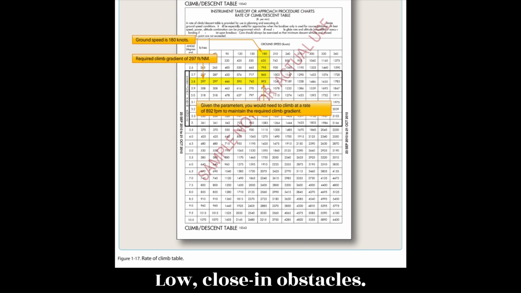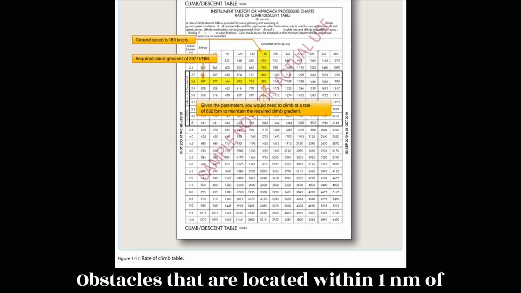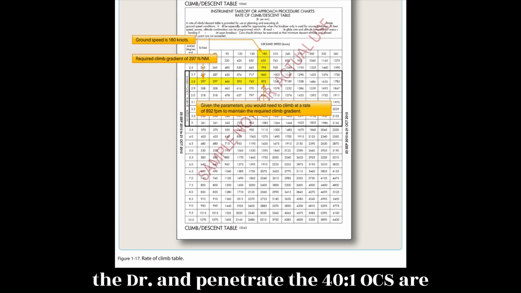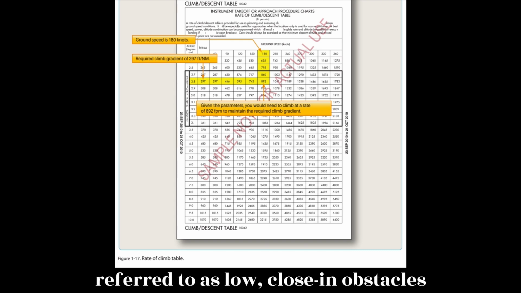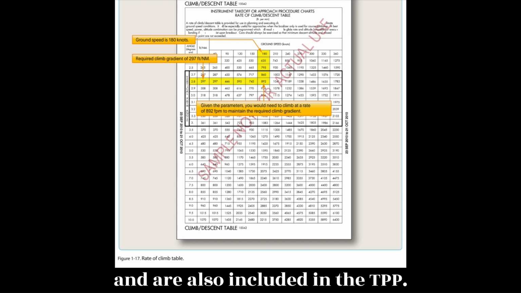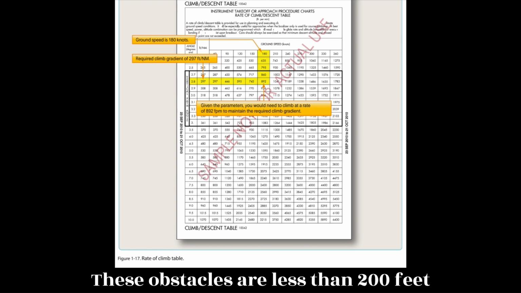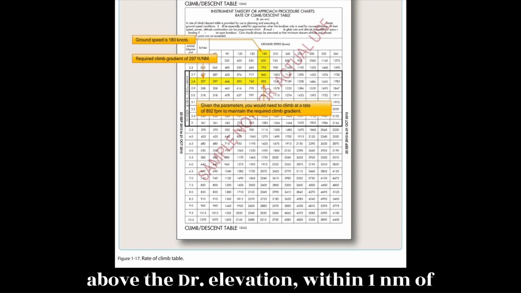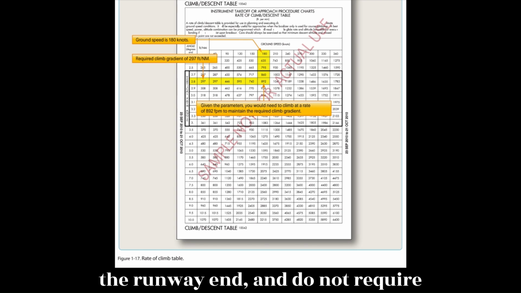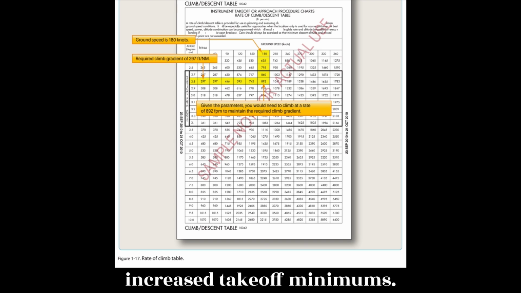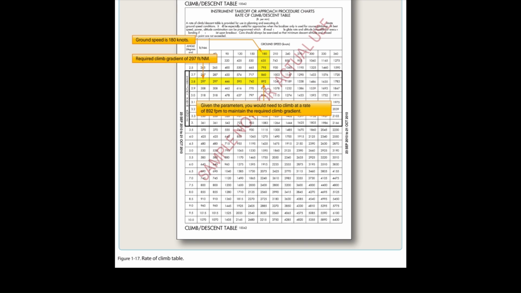Low, close-in obstacles. Obstacles that are located within 1 NM of the DER and penetrate the 40:1 OCS are referred to as low, close-in obstacles and are also included in the TPP. These obstacles are less than 200 feet above the DER elevation, within 1 NM of the runway end, and do not require increased takeoff minimums. End of page 1-18.